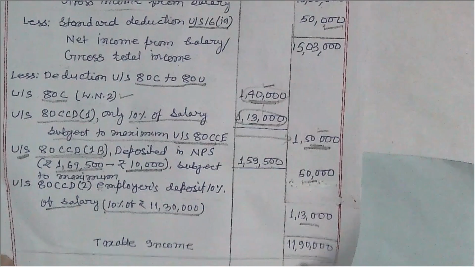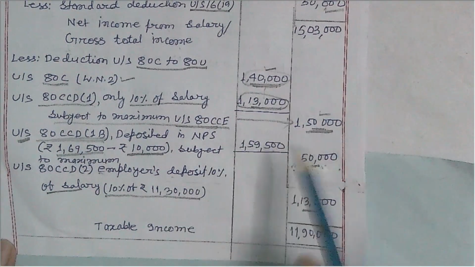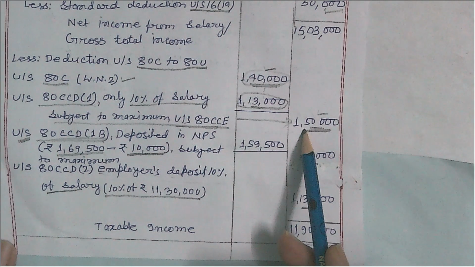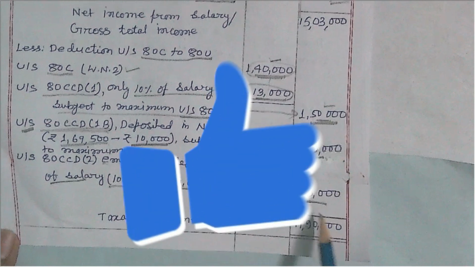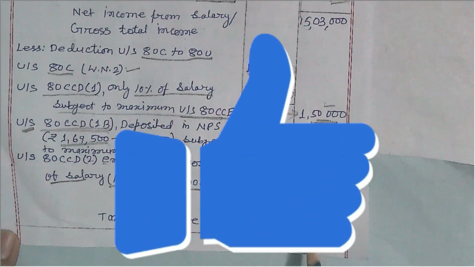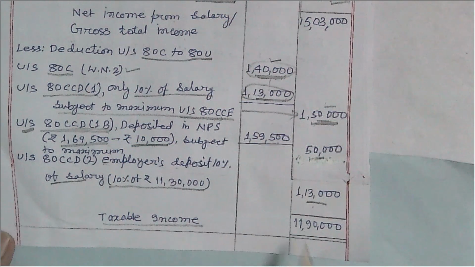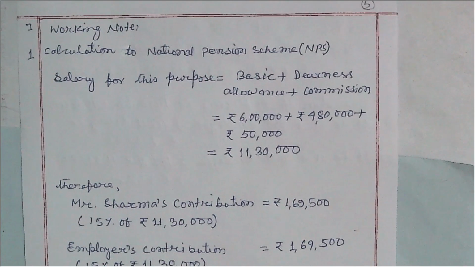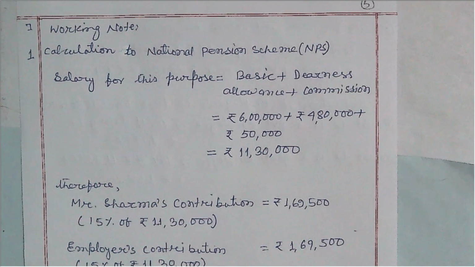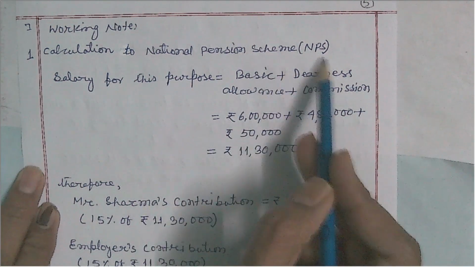And when we deduct this amount, 15,03,000 minus 1,50,000 minus 50,000 minus 1,13,000, the balance is 11,90,000. This is your taxable income. So net taxable income is 11,90,000.